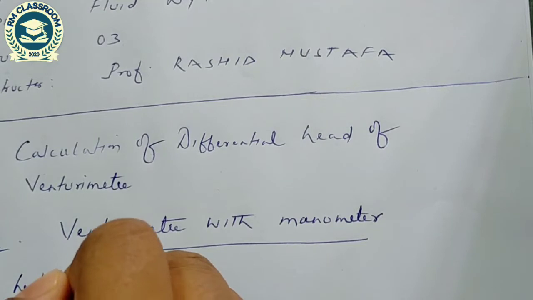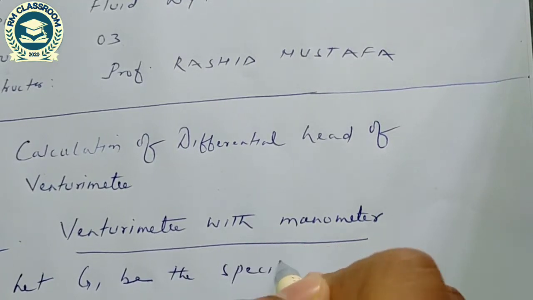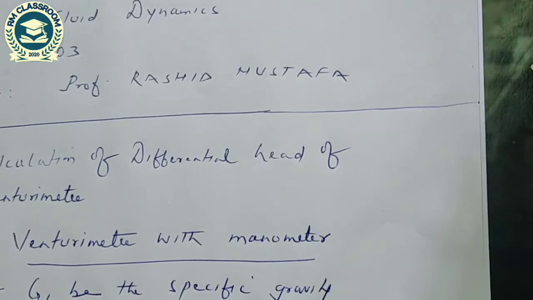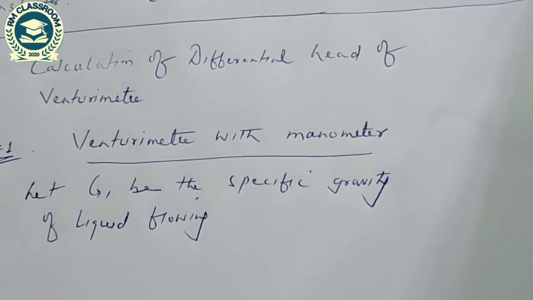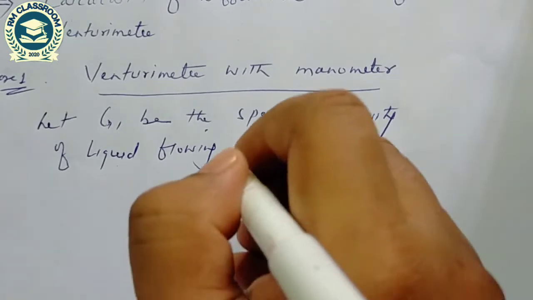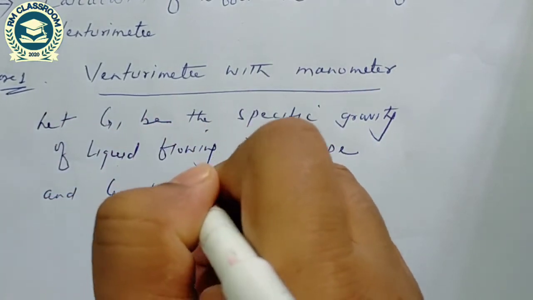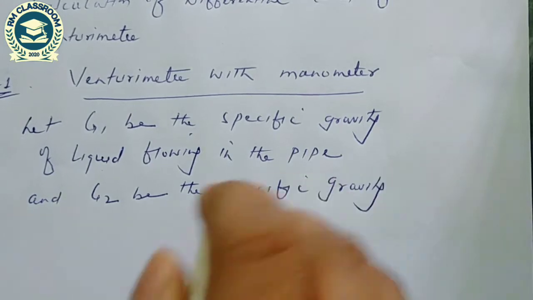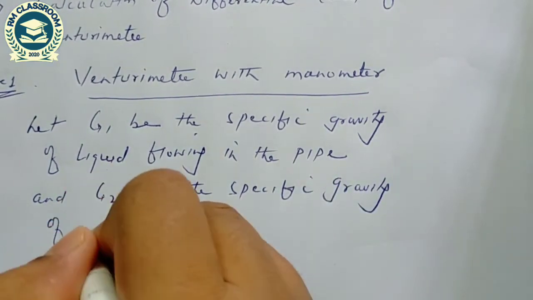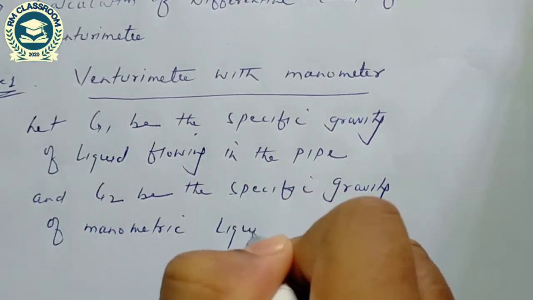In the first case I have taken venturimeter with manometer. Let G1 be the specific gravity of the liquid flowing in the pipe, and G2 be the specific gravity of the manometric liquid.